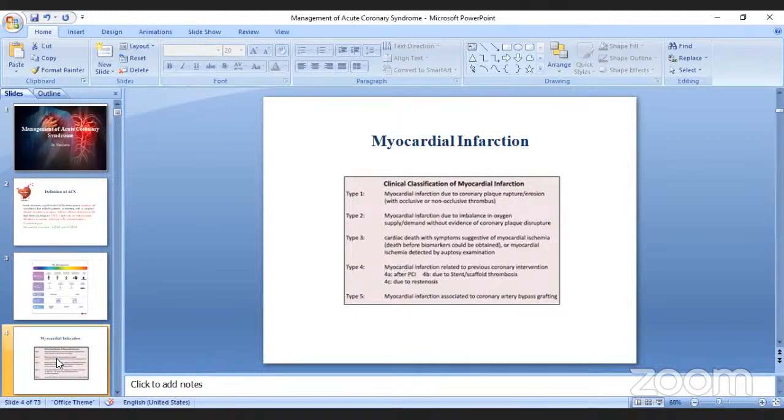Type 4 has 4A, 4B, and 4C, where the infarction is related to previous coronary intervention. 4A is after PCI, 4B is due to stent thrombosis, and 4C is due to restenosis. And type 5 is MI related to coronary artery bypass grafting.